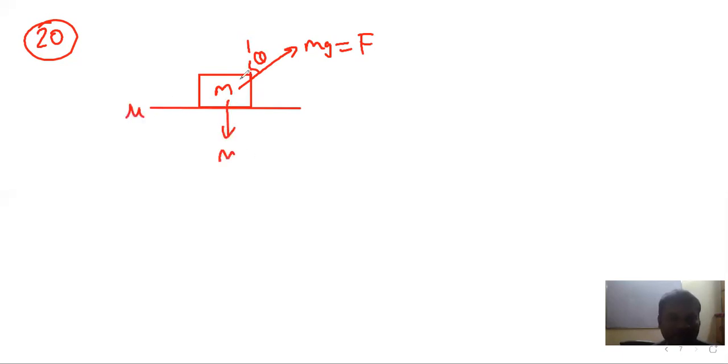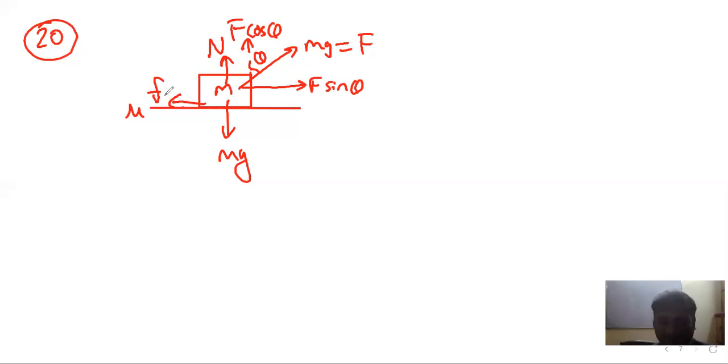Let us consider the forces, horizontal component of this force and vertical component of this force. So this will be F cos theta, this will be F sin theta, and we will have normal reaction in upward direction. Finally, the friction force will be in backward direction. So let us see how to solve this question.